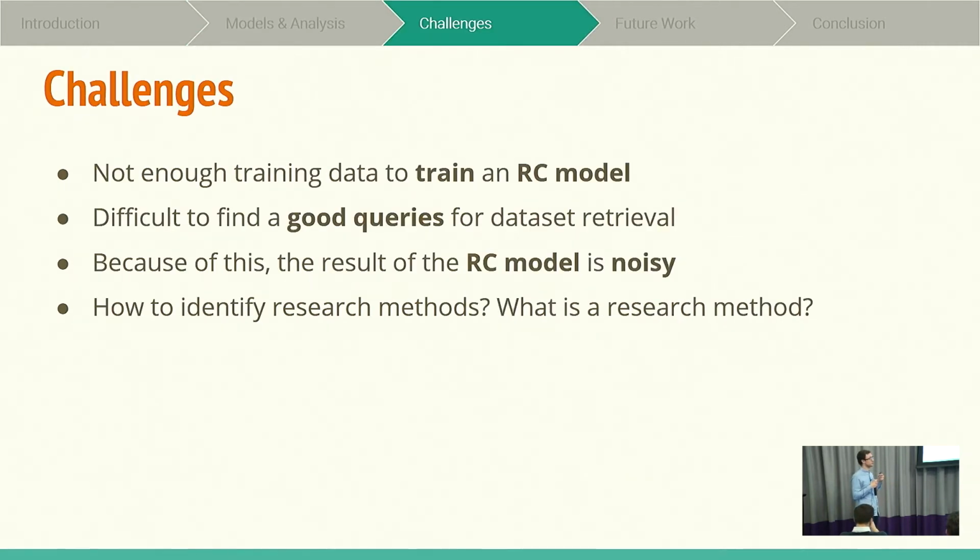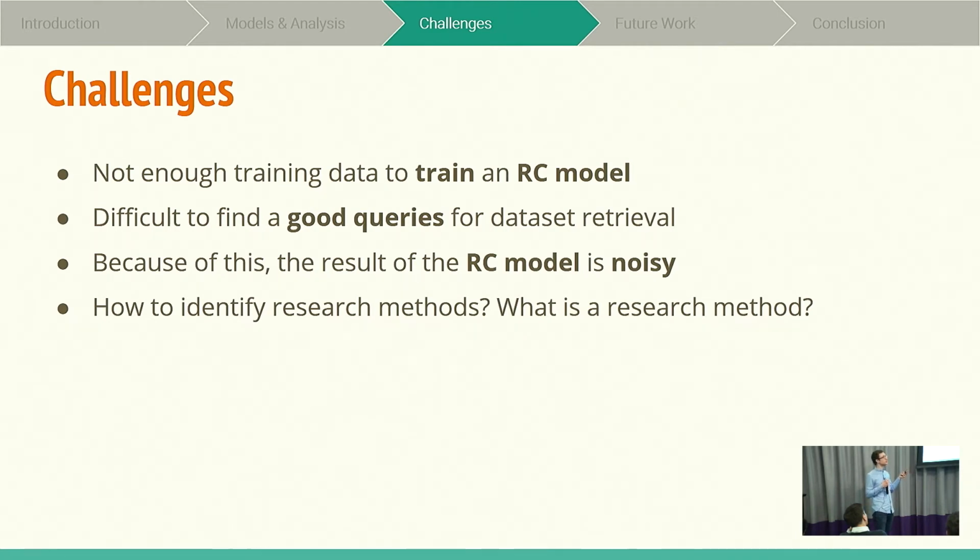So the challenge we had first is that we don't have enough training data to train an RC model. We think that if we train an RC model specifically for this task, we would get a higher performance. So because of this, we use a pre-trained model on SQuAD. Another problem we had is how to create good queries to retrieve datasets. So in order to solve this, we created our own query generation module.